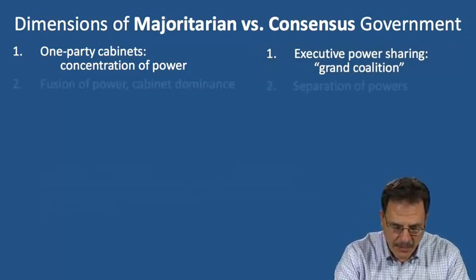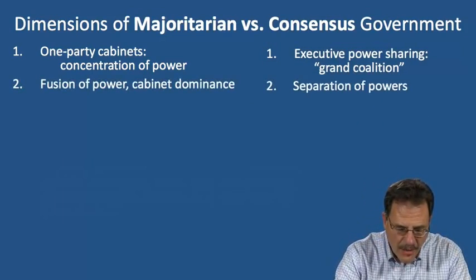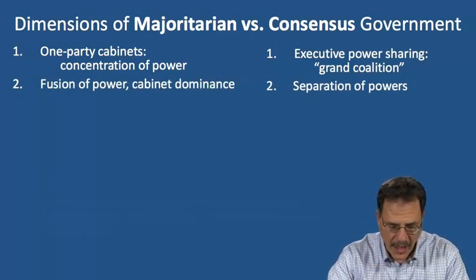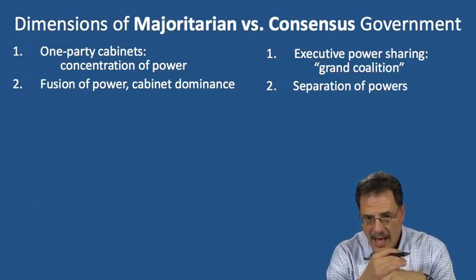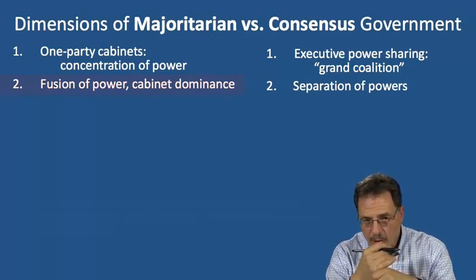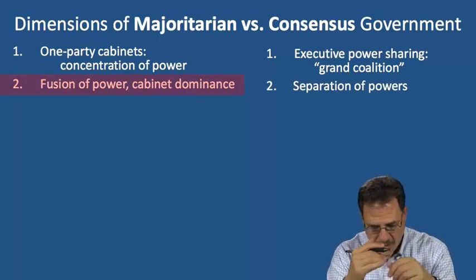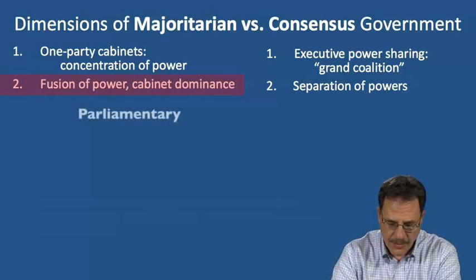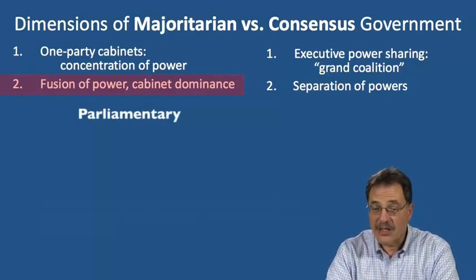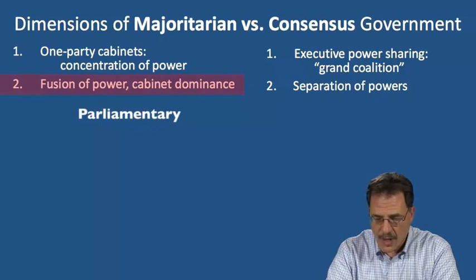The second dimension of difference between a majoritarian model and a consensus model has to do with the fusion versus the separation of powers. And now we see that in one sense, a parliamentary system may actually have at least the potential to be more majoritarian than a presidential system.